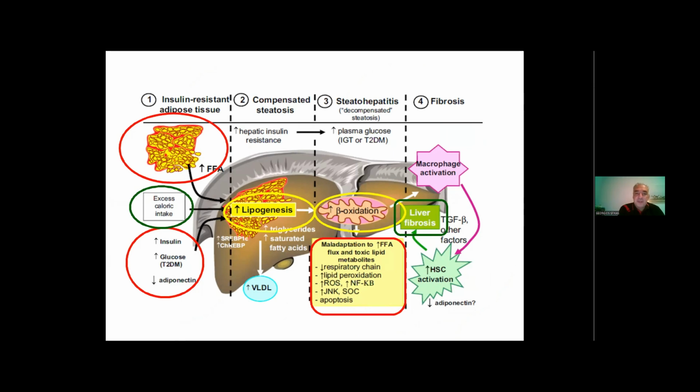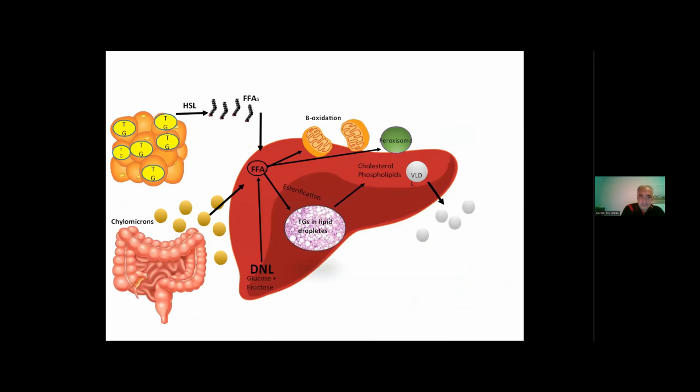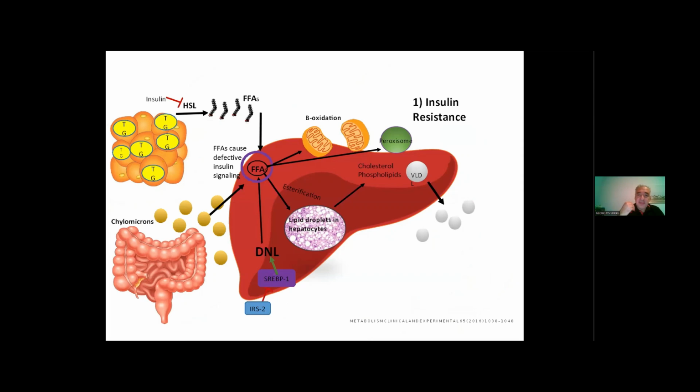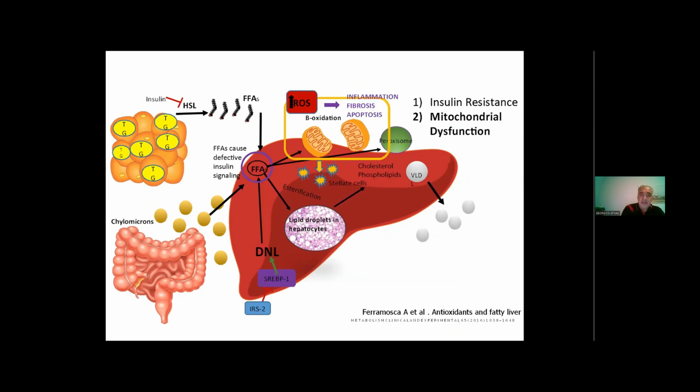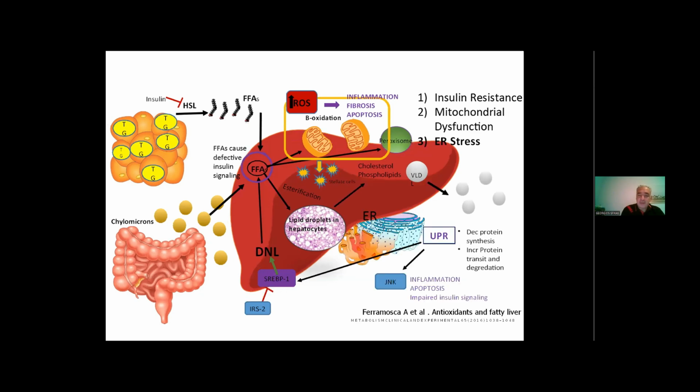There is the beta oxidation, there is the production of free fatty acids, as we see here, and the production of many free fatty acids causes more defect in the insulin signaling, and this promotes the apoptosis, the inflammation, a mitochondrial dysfunction, endoplasmic reticular stress, the adipose tissue dysfunction.